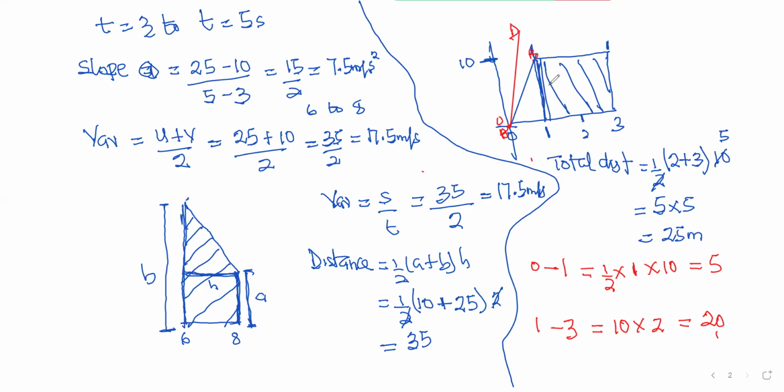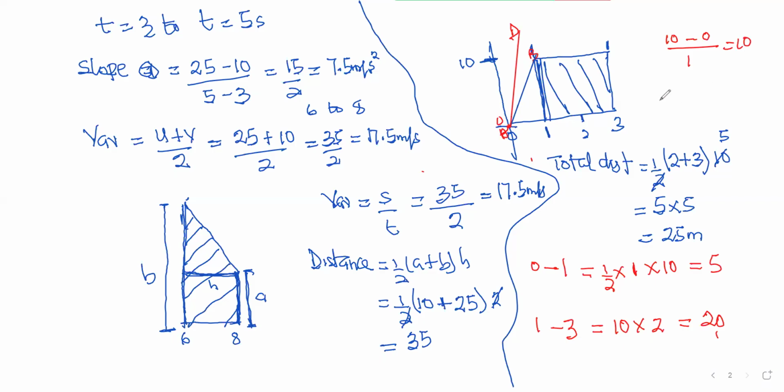But when they don't start from a common point, please calculate the slope. So if you calculate the slope of AB, you have 10 minus 0 divided by 1 minus 0. So clearly the slope of this is 10.